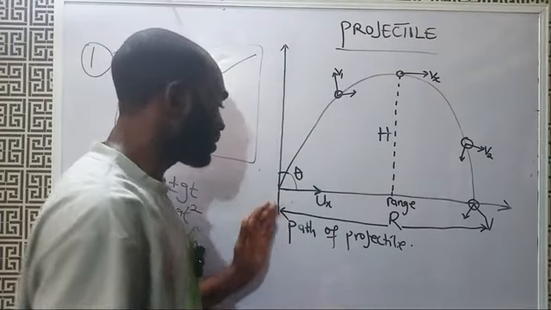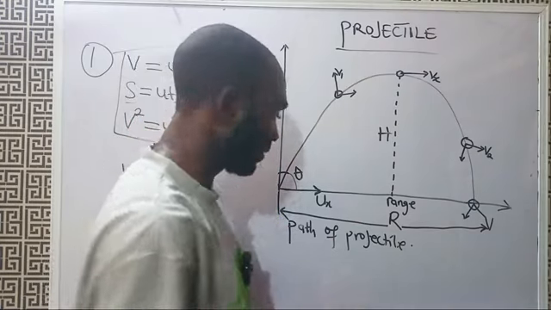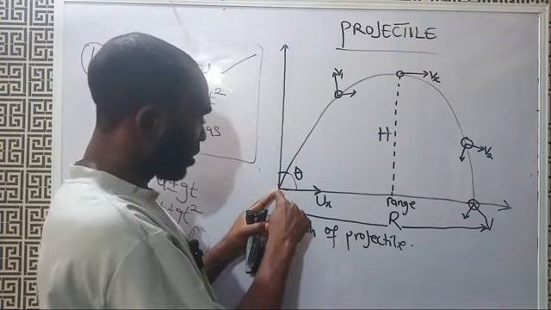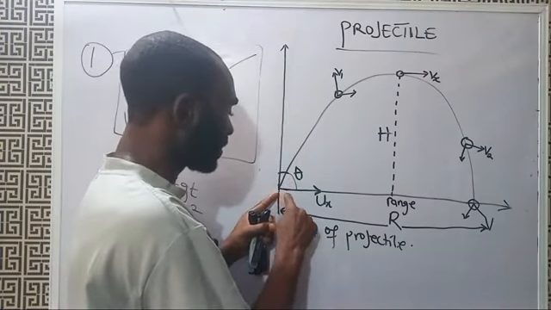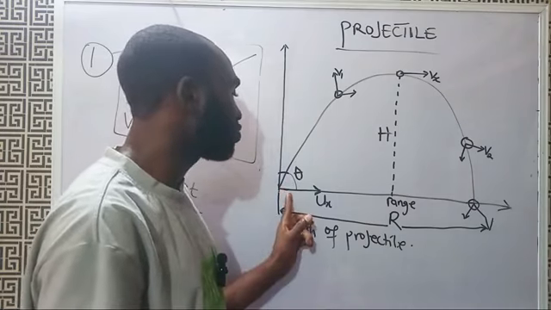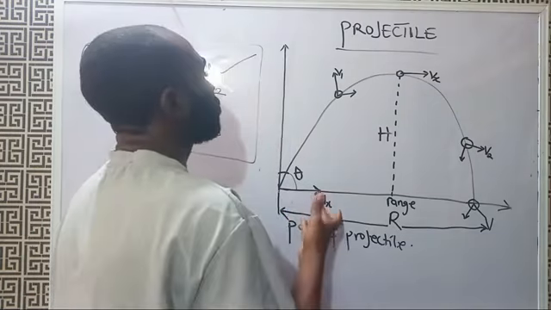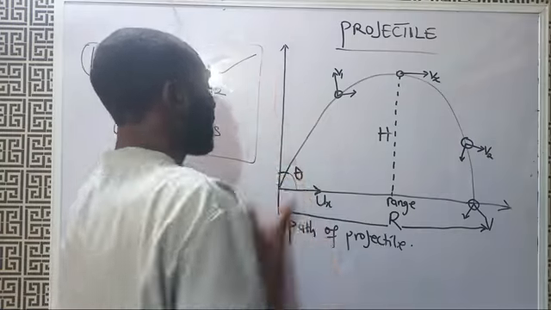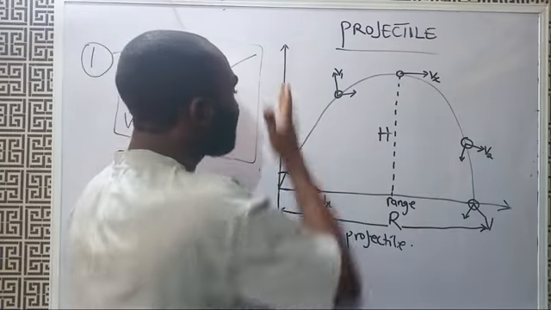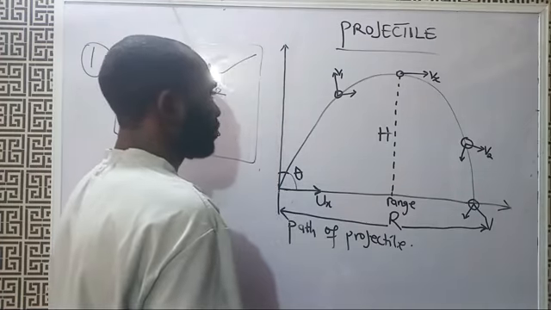When you launch an object into the air, it takes an initial velocity. That initial velocity will have a vertical component and a horizontal component of velocity.